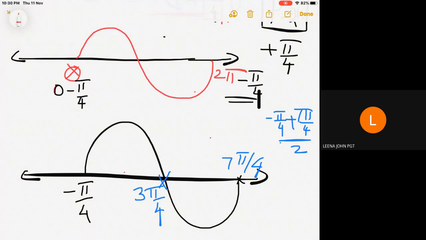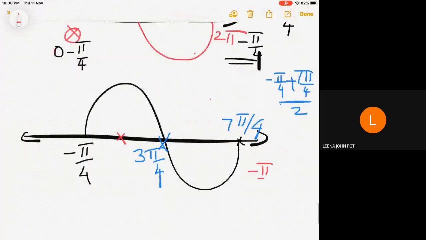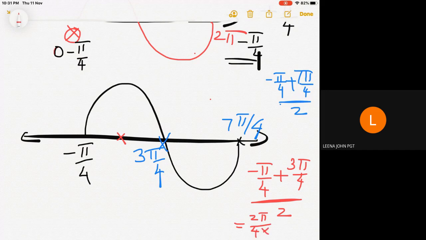Here it is minus pi by 4 plus 3 pi by 4 divided by 2. So it is 2 pi by 4 by 2, which means this becomes pi by 4.